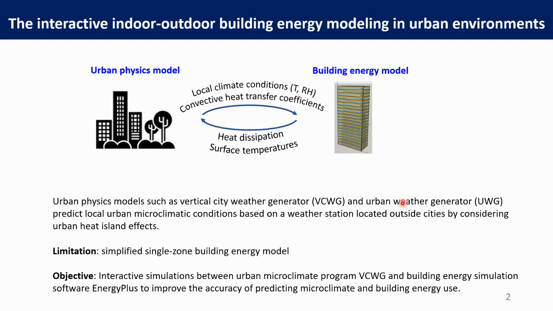Specifically, the urban physics model is going to predict the local climate condition as well as feed the convective heat transfer coefficient to the EnergyPlus model. And coming back, EnergyPlus calculates the anthropogenic heat, the waste heat generation, as well as the surface temperature, and feeds back to the urban physics model.